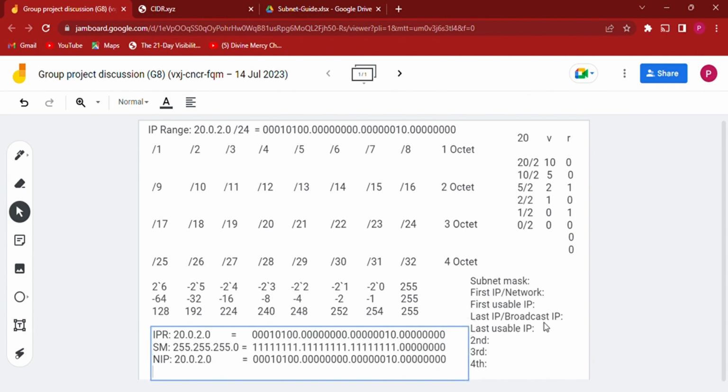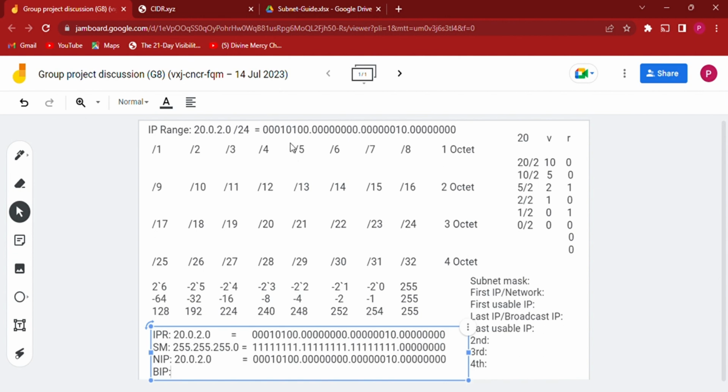So now let's calculate our broadcast IP. The broadcast IP is the last IP address. To calculate the last IP address, we just switch on all the host parts of the IP range. When it's 0, it's off. When it's 1, it's on.